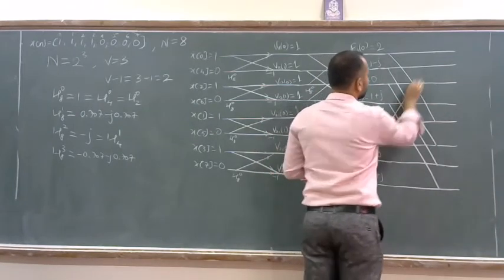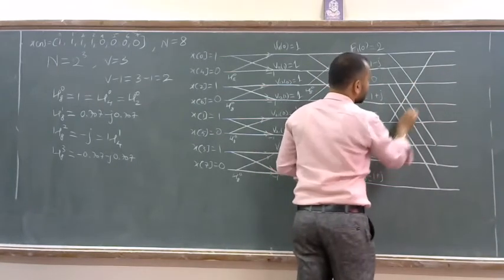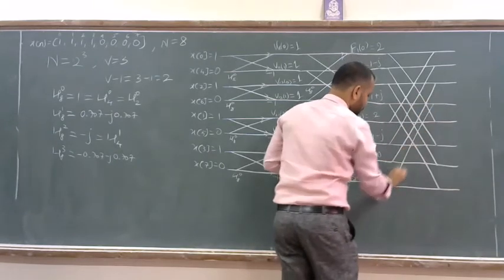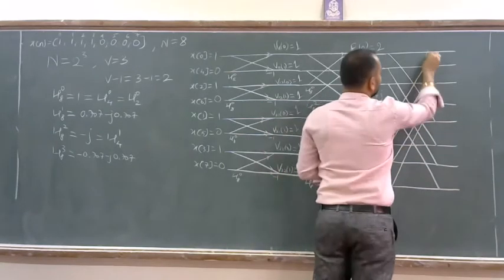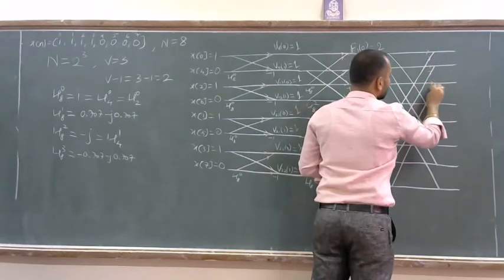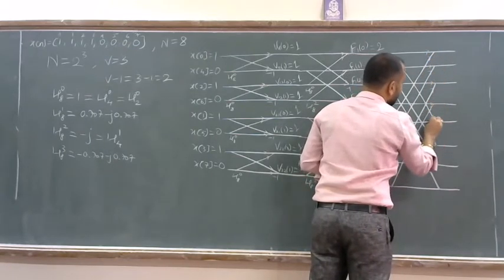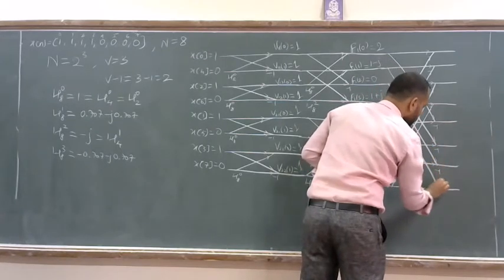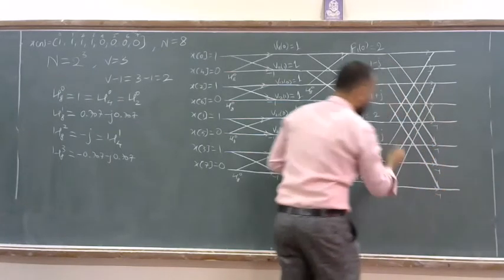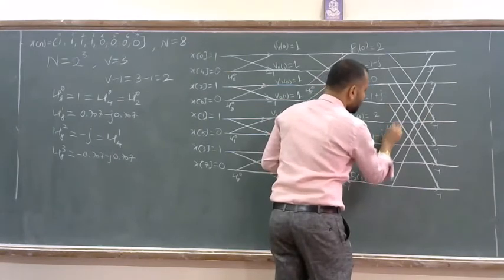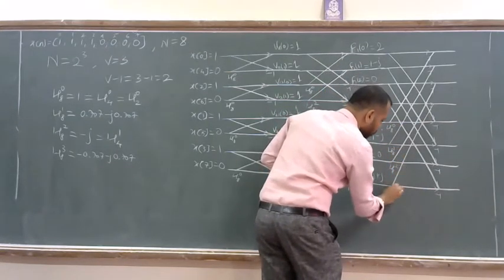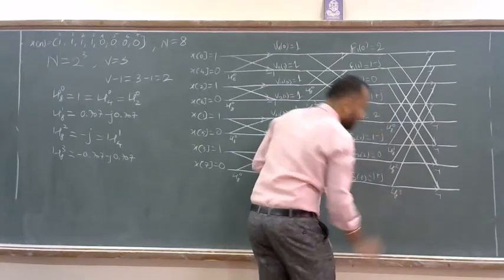F2 of 0 will be going back to F1 of 0. And the twiddle factors here will be W80, W81, W82, and W83.